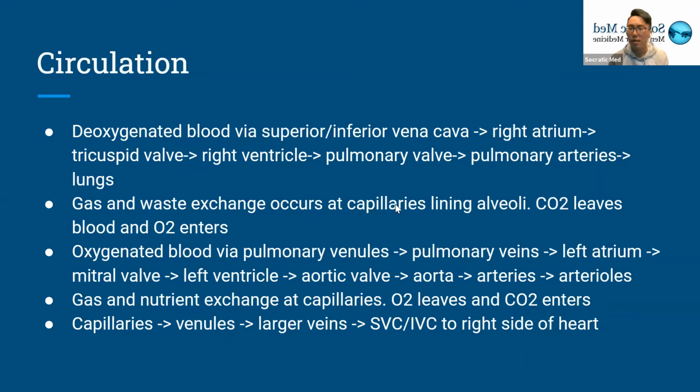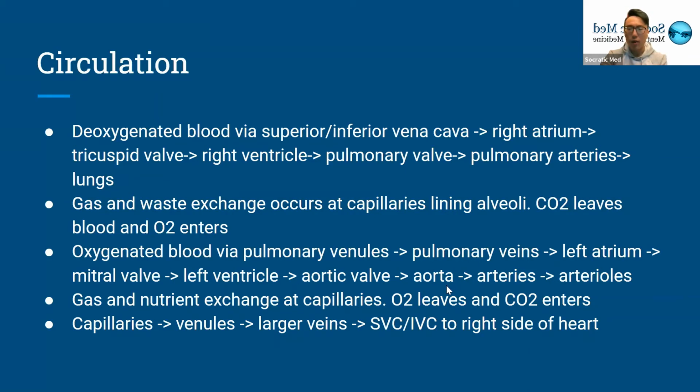Once the blood is oxygenated at the lungs, it'll exit the lungs via the pulmonary venules, and those will condense into pulmonary veins, and then it'll enter the left atrium. Once it's filled, it'll go from the left atrium to the left ventricle through the mitral valve, and then from the left ventricle to the aorta via the aortic valve.